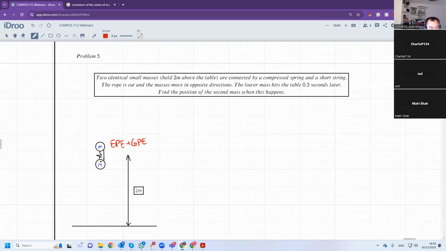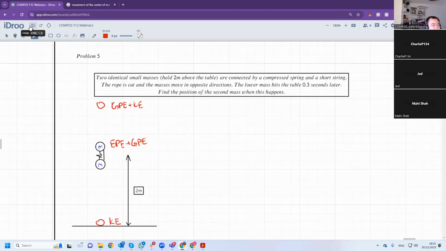Now, when this one falls, it will hit the ground. So it has no gravitational potential energy, but it still has kinetic energy. And the other ball would move up, and it will have gravitational potential energy plus kinetic energy. You don't know this. But somehow they're asking you to calculate gravitational potential energy. Like, what? That doesn't make any sense.